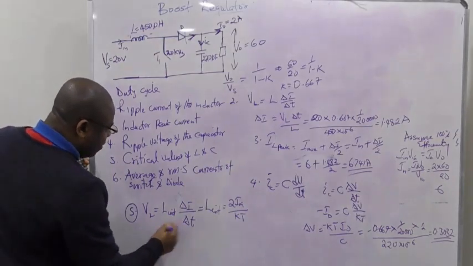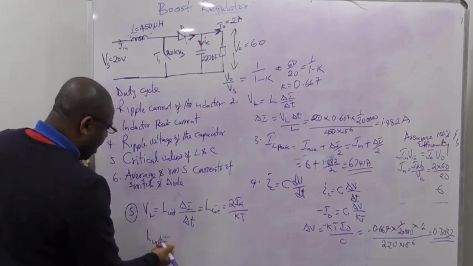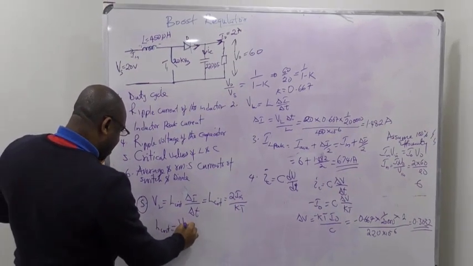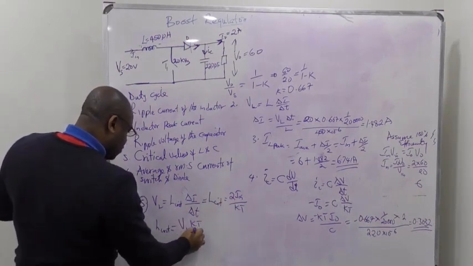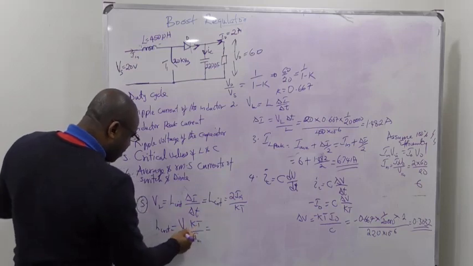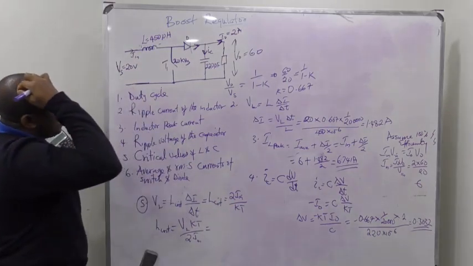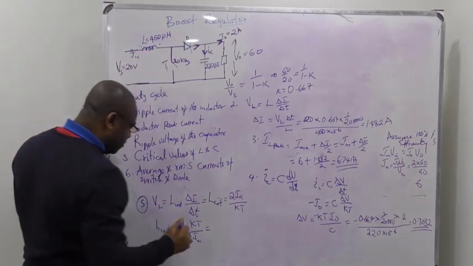So now if I want to calculate L critical, it will now be the same thing as VL KT over 2 I in, right? But remember VL at time of on, because I'm using KT, at time of on is the same thing as VS. If you on this, VL is VS, okay?